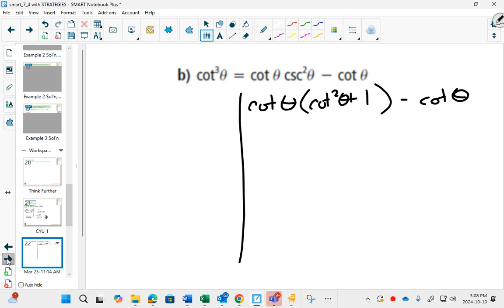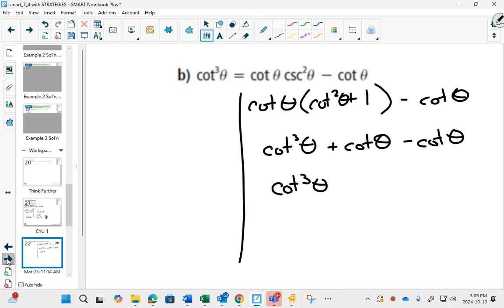Now I distribute this cotangent. Cotangent times cotangent squared is cotangent cubed. Cotangent times a plus 1 will be plus cotangent. And then I have a minus cotangent at the end. And a plus cotangent minus cotangent, that'll be 0. So I'm just left with cotangent cubed theta.